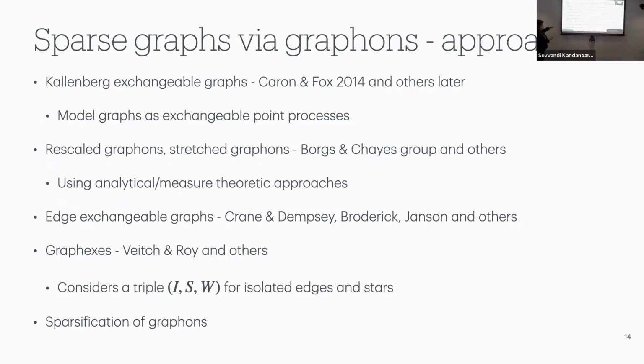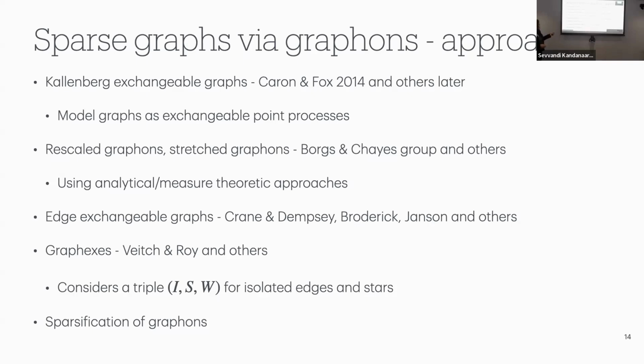Briefly, the methods that are there: there are the Kallenberg exchangeable graphs proposed by Caron and Fox in 2014 and others later. They're talking about a continuous exchangeable model rather than modeling graphs in a discrete way. Then there are rescaled graphons and stretched graphons proposed by Borgs, Chayes and the group.